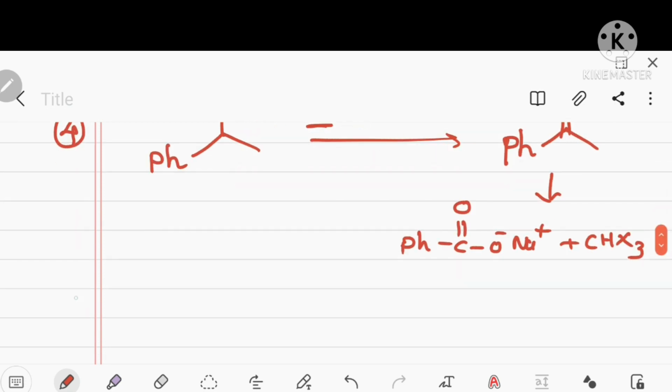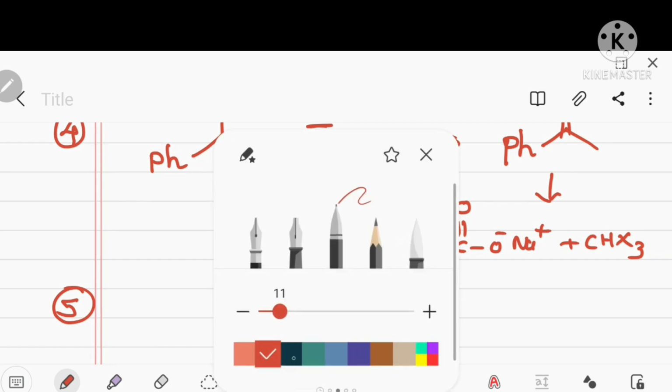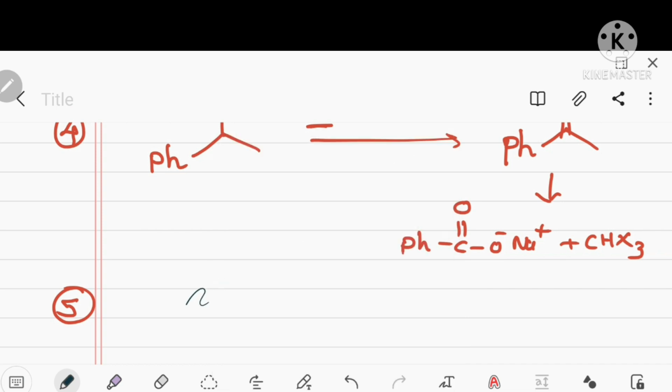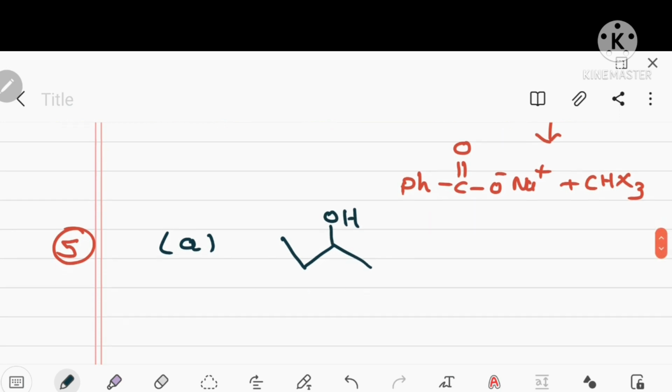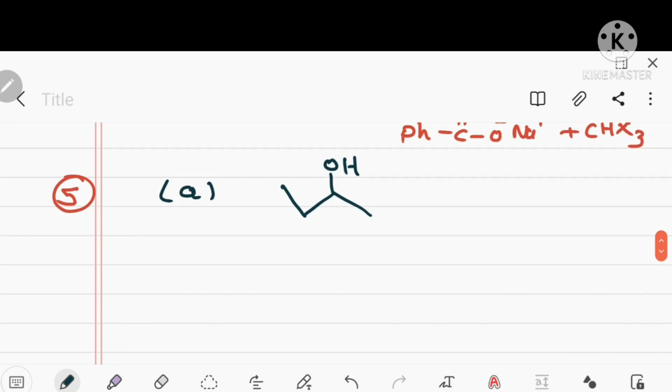Okay, fourth one. Fifth one. Now for the fifth one, you should give the answer among these three, which one will give the iodoform test and which one will not. So our first compound A is this one, whether this compound gives the haloform test or not.